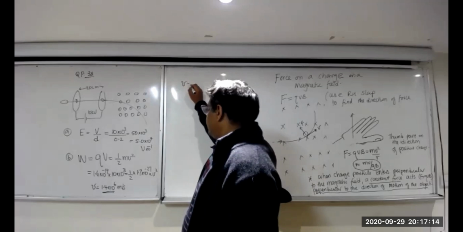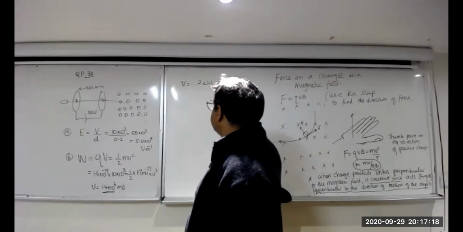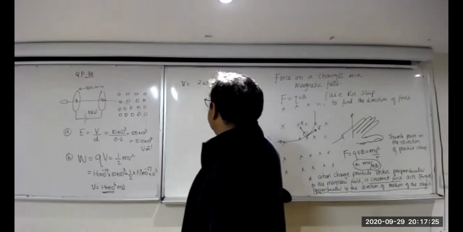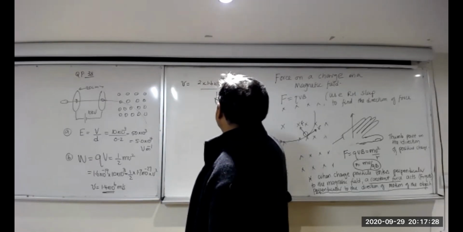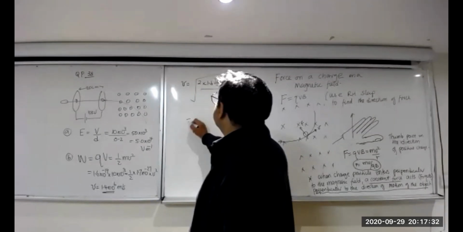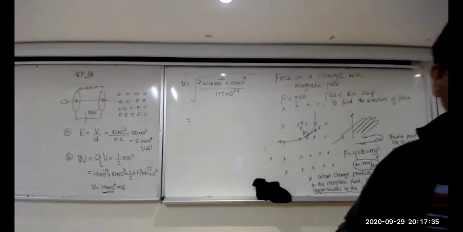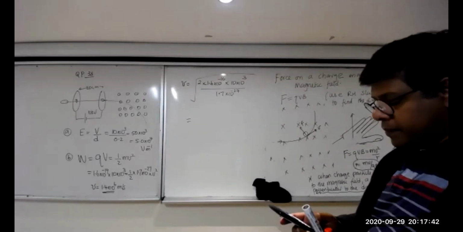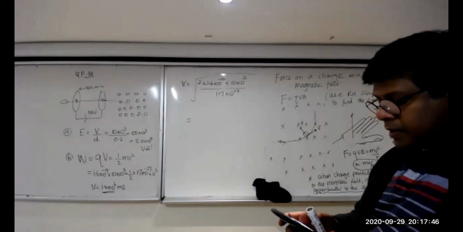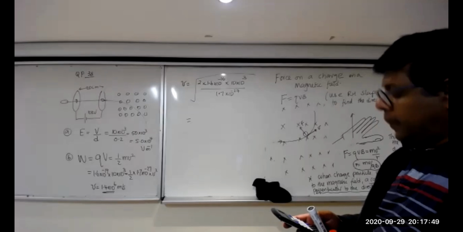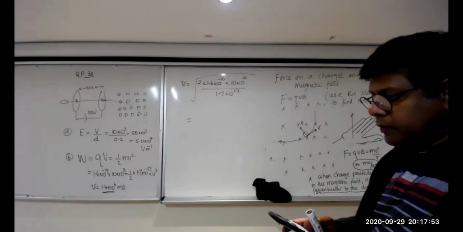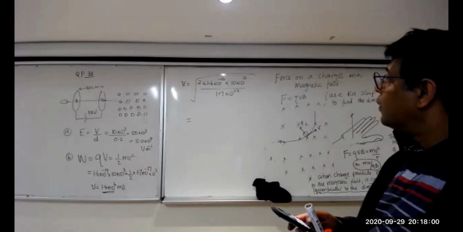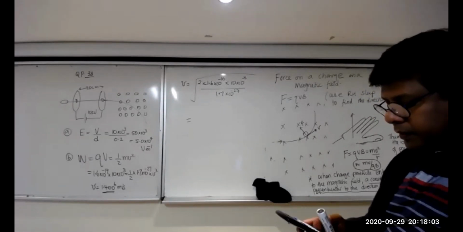Let's see. v equals the square root of 2 times 1.6 times 10 to the power negative 16 times 10,000 divided by 1.7 times 10 to the negative 27.